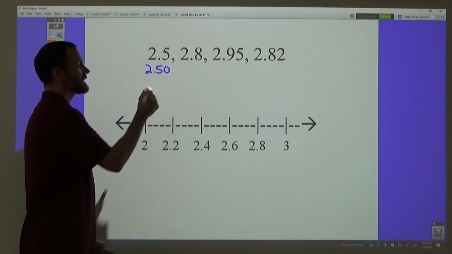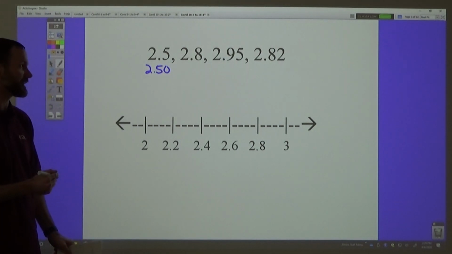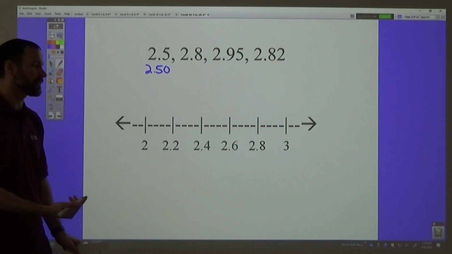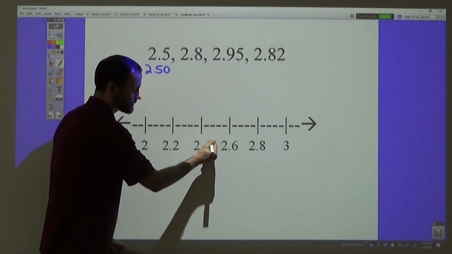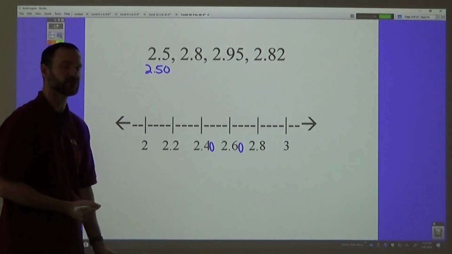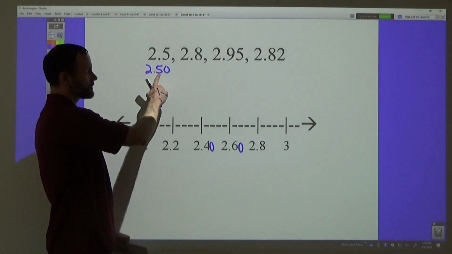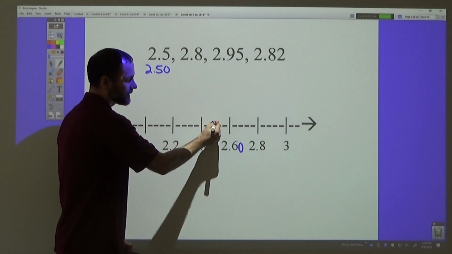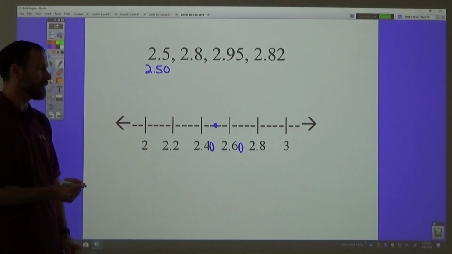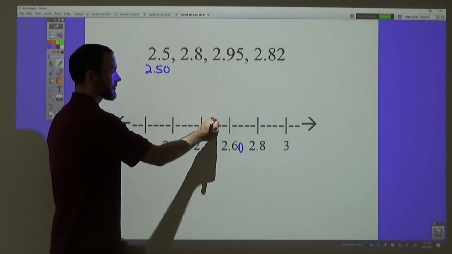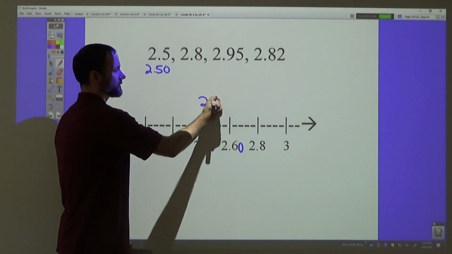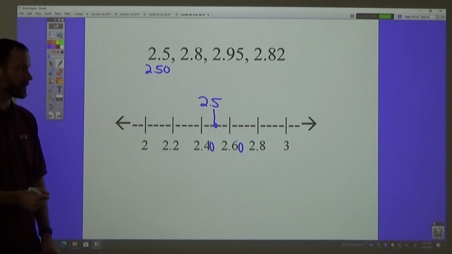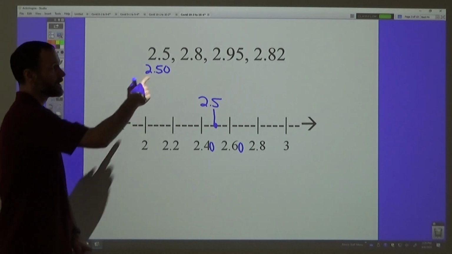For 2.5, we can always add a 0 onto the end after the decimal point, so that's really like $2.50. This is like $2.40. This is like $2.60. $2.50 is exactly right in the middle of 240 and 260. We always want to label what it is with the original number, so that's where 2.5 would go.